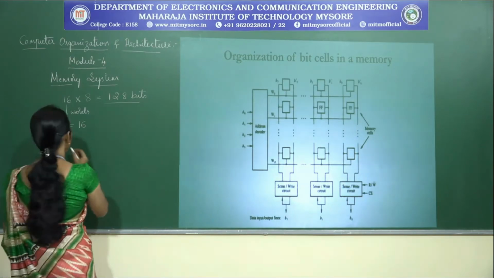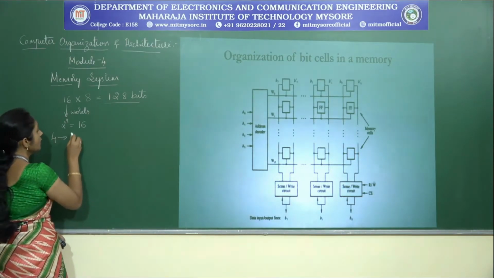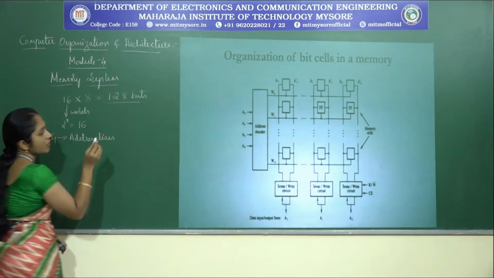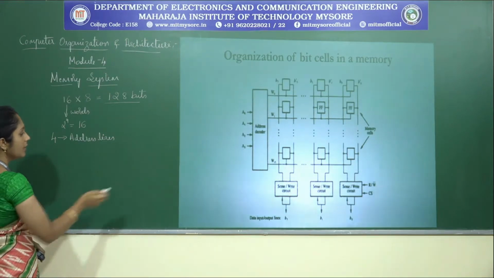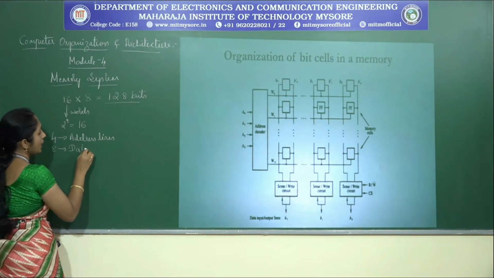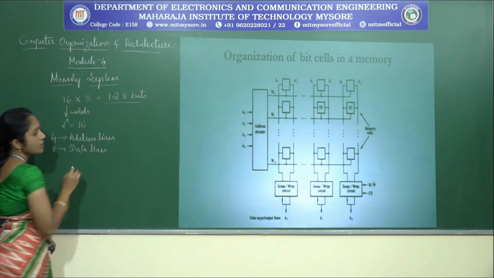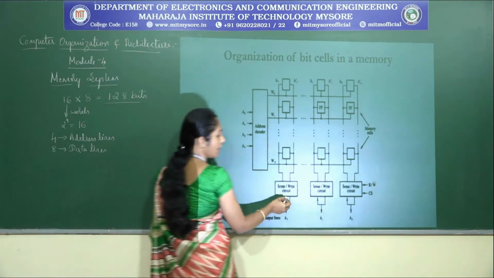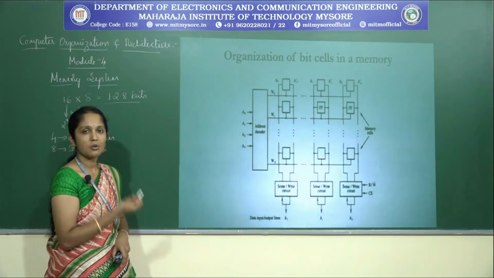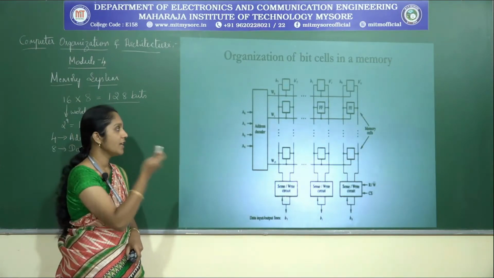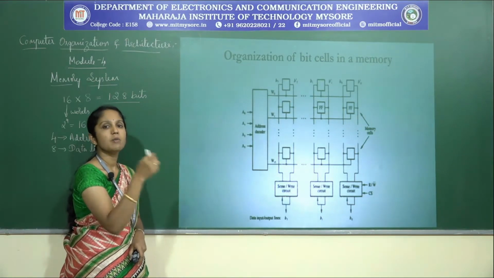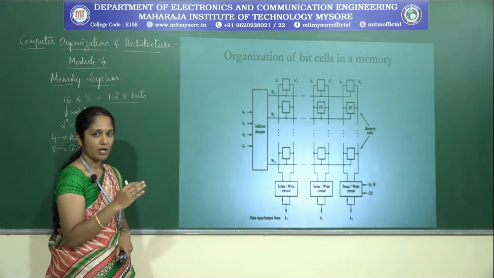Considering the data lines, we have 8-bit data, therefore there will be 8 data lines. In addition, there is the sense or write circuit, which senses the value present in a cell. That is the read operation.